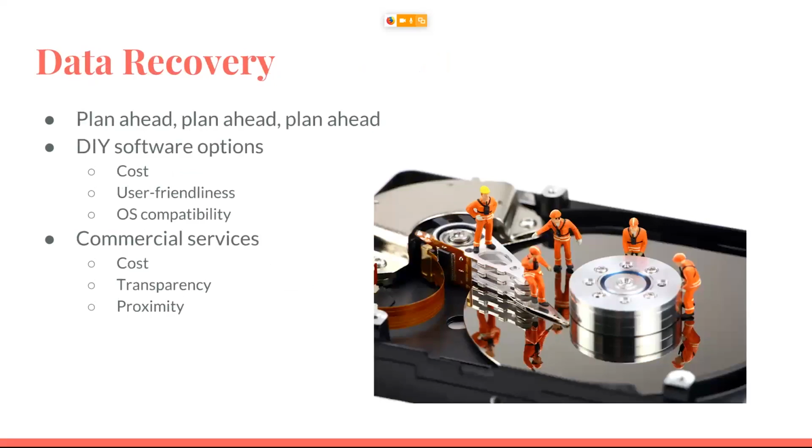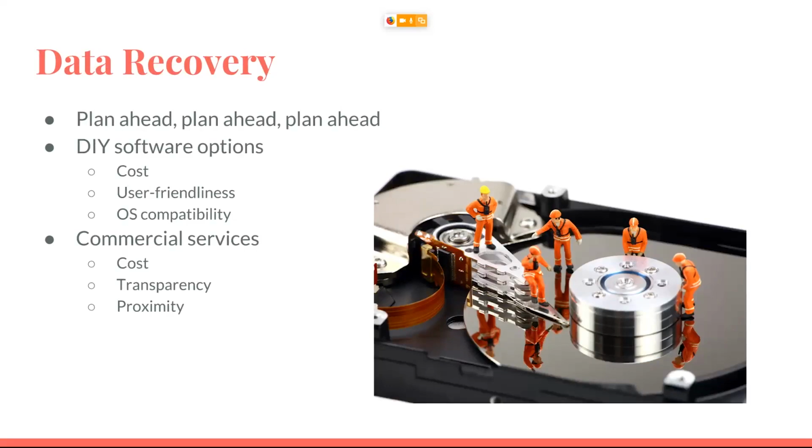In terms of actual data recovery options, I'm just going to emphasize once again, planning ahead and redundancy are your best friends in cases of data loss. There's nothing simpler than recovering data than if you just have another copy of it and you can make another copy from that first copy.